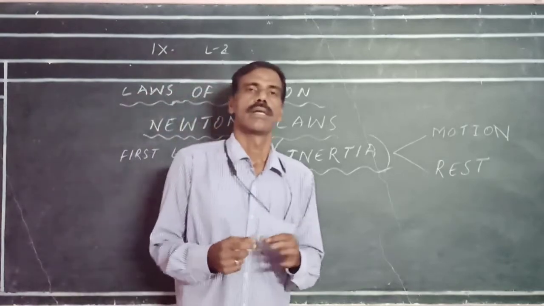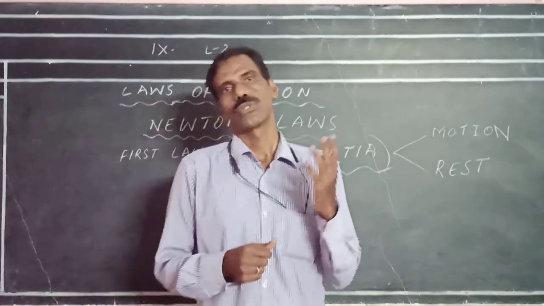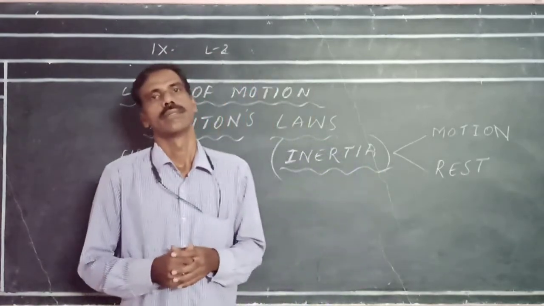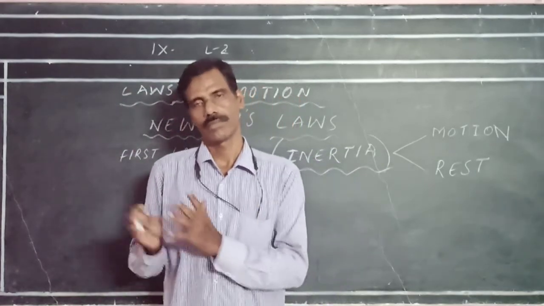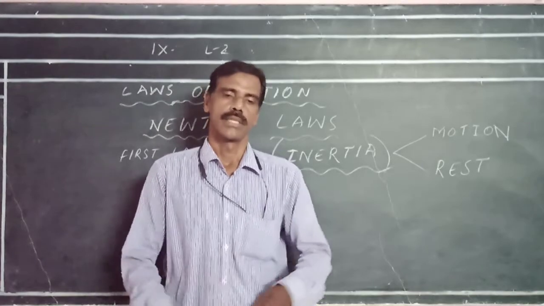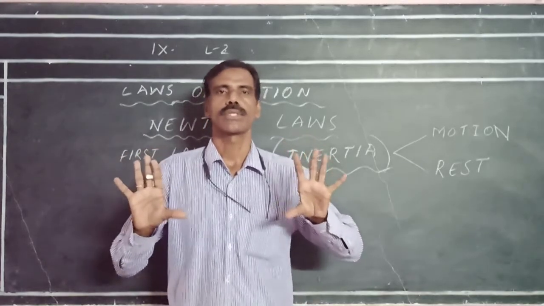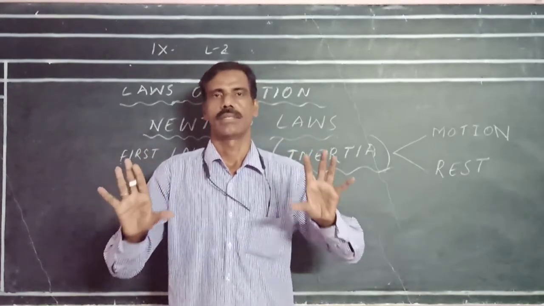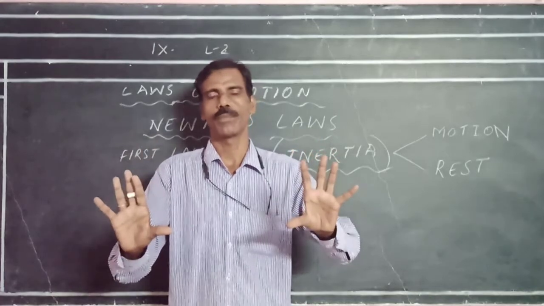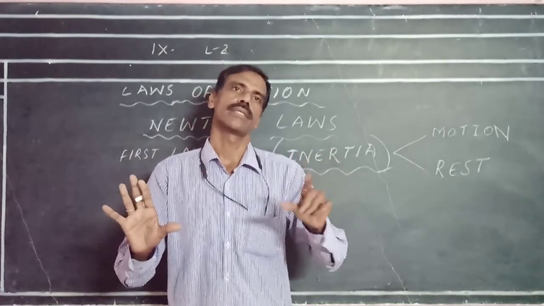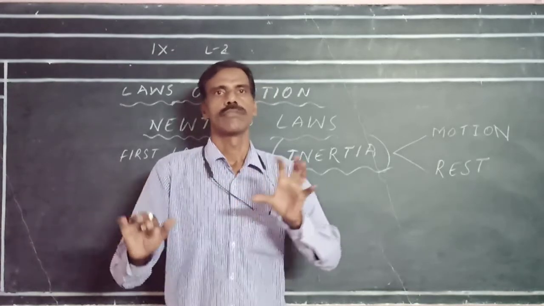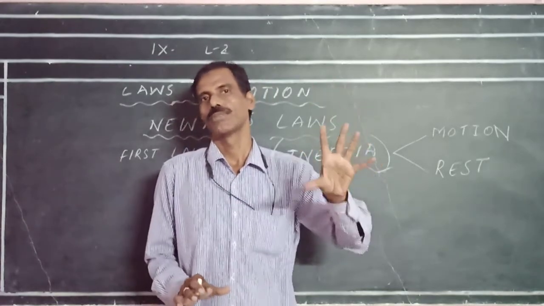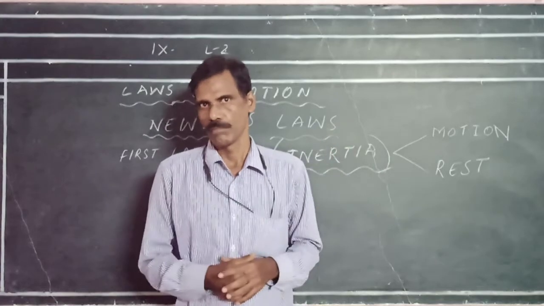When two objects are there and one is heavier and the second one is lighter, if you try to push the two objects, the object with less mass will move quickly when compared to the object with heavier mass.